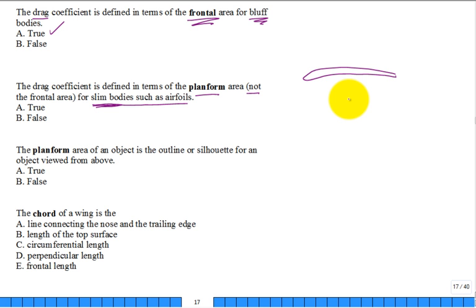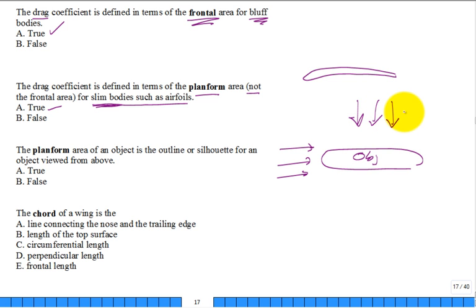So yes, this is true. The plan form area of an object is the area, outline or silhouette of an object viewed from above. So if the flow is coming in this direction, that's my object. It's viewed from above the object.